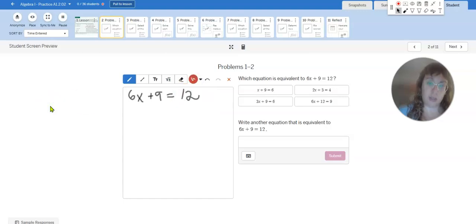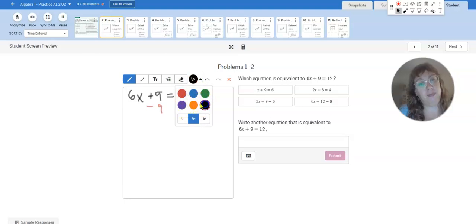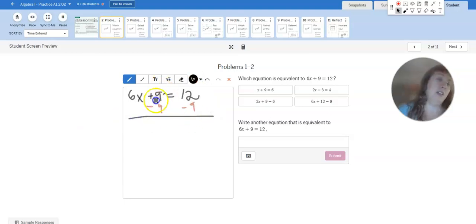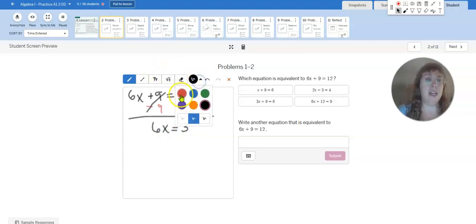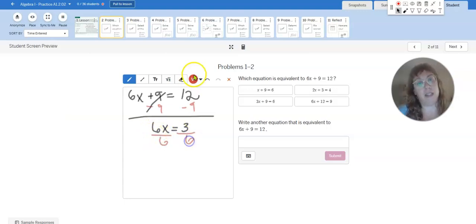If we were to solve this, we would subtract 9 on both sides. 9 minus 9 cancels, and we have 6x equals 3. And this is 6 times x, so we would divide both sides by 6 to get x equals 3/6, which is 1/2.